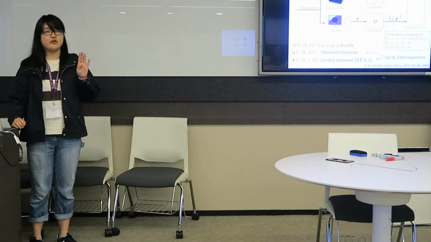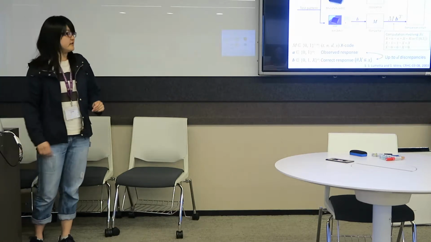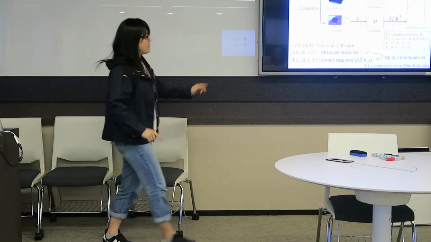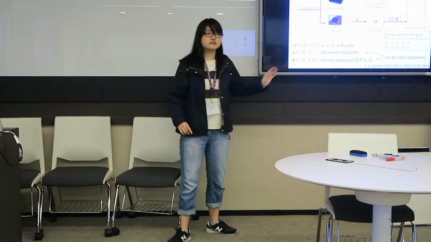An X-code has 4 parameters, T, N, D, and X. A T, N, D, X X-code is a T times N binary matrix that ensures up to D discrepancies between observed and correct responses can be detected, even if up to X bits are unknown, by comparing the shrunk responses MA and MB.